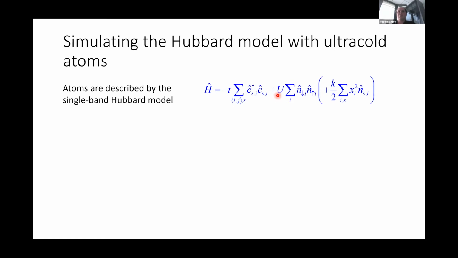In many cold atom experiments, you need to add a harmonic trapping that confines the atoms in a finite volume. Some experiments are performed in a box, but here this is the traditional harmonic trapping. So in Joseph's experiment, you have this additional parameter, K, which is the stiffness of the harmonic trapping.